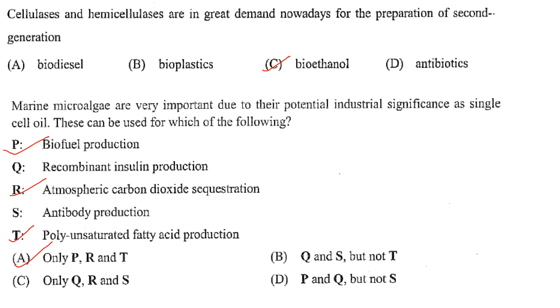So marine algae can be used in the production of biofuels, then atmospheric carbon dioxide sequestration and polyunsaturated fatty acid production. But they cannot be used for recombinant insulin production where you use E. coli. Then antibody production also they cannot be used. For monoclonal antibodies and all you cannot use microalgae. So the answer here is PRT. Answer is option A.